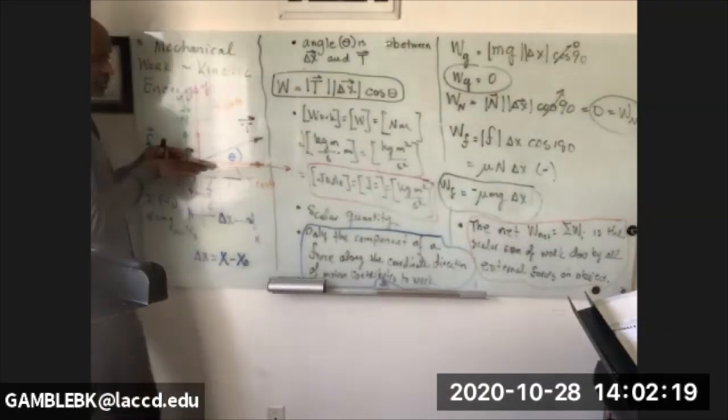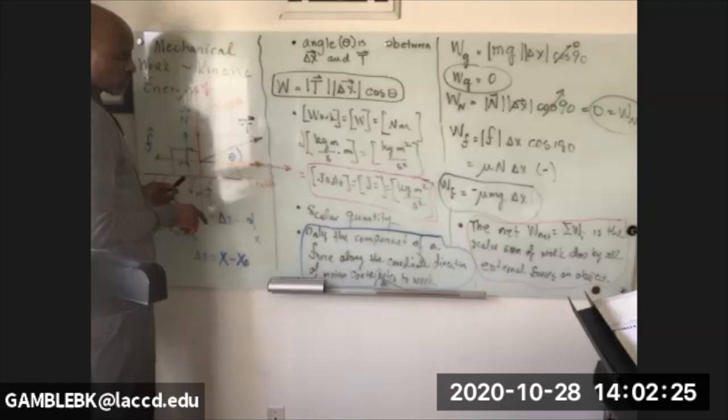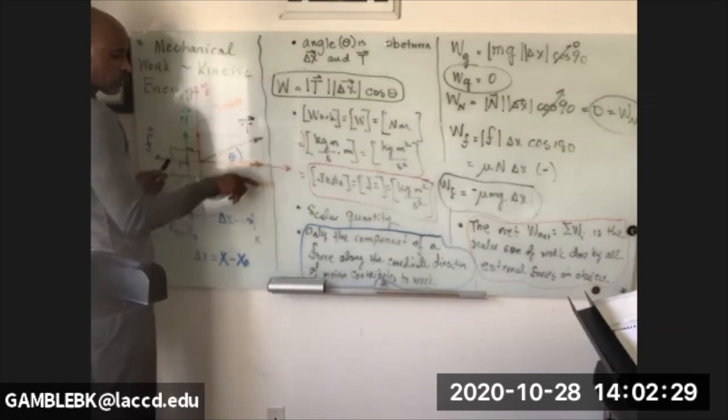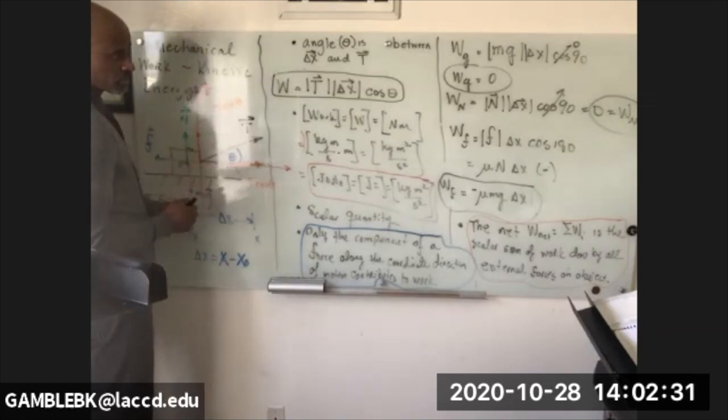The direction of motion is positive x, and the component of the force that's doing work, T cosine theta, is in the same direction, so the angle between them is 0.